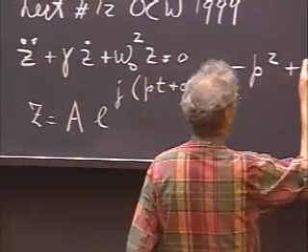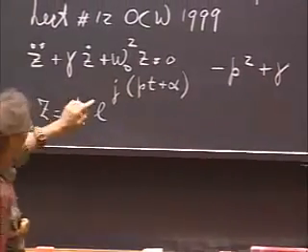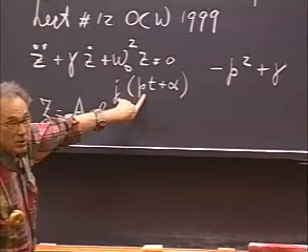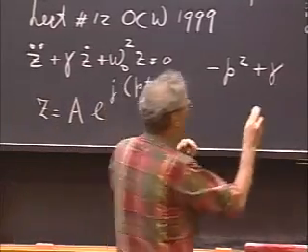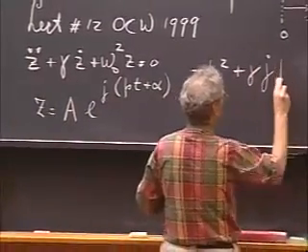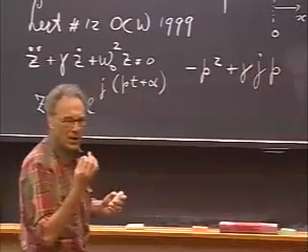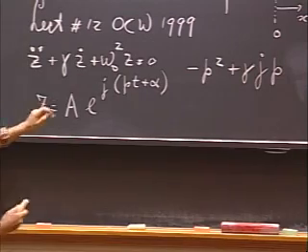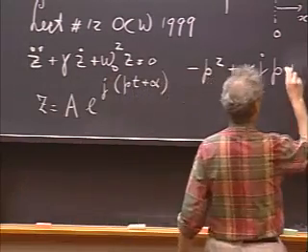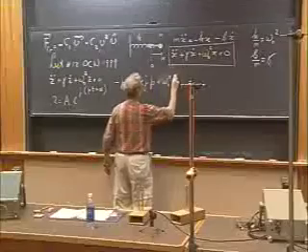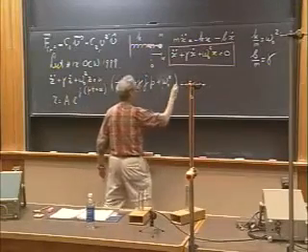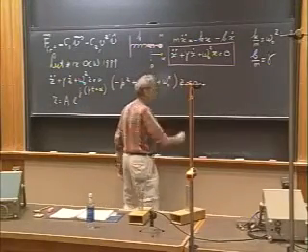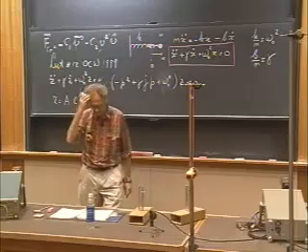Then I have plus gamma, and then what pops out is jp, because it's only the first derivative. You have to be very careful that you can distinguish your j's from your gammas. And then you get plus omega 0 squared, and the whole thing times Z must now be equal to 0.